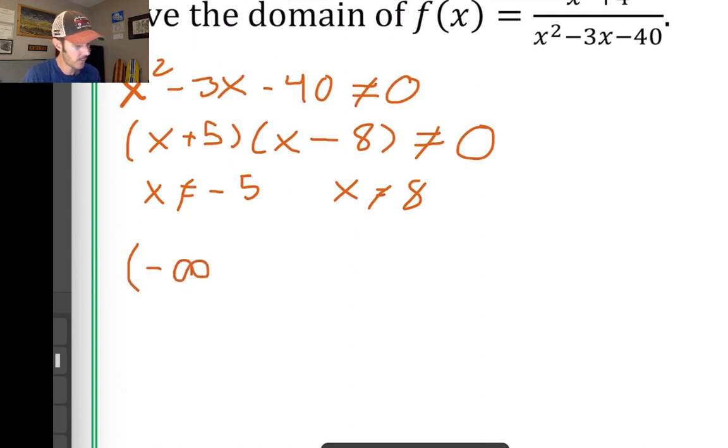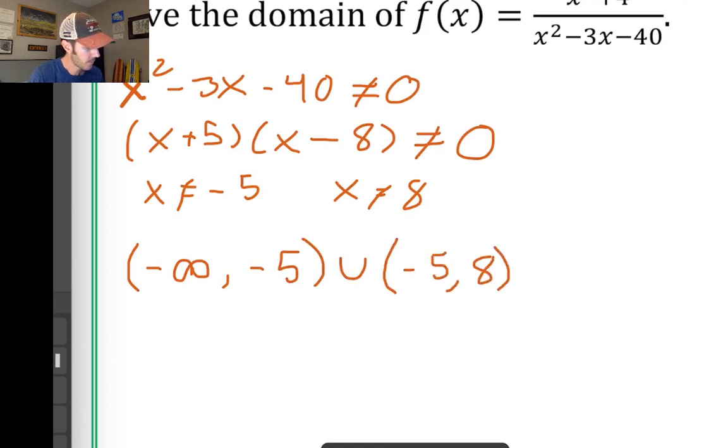So I'm going to say that we can use anything from negative infinity all the way up to negative 5, or we can choose from x values between -5 and +8, or we can choose from x values that start at 8 and go all the way up to +infinity.